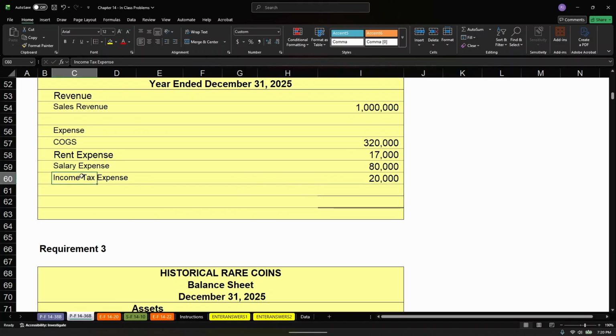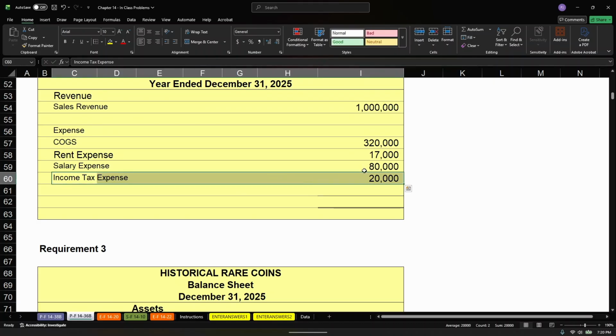So you can see there's no adjustment for this. This $20,000 expense, which is baked into net income, requires no adjustment for cash flow because it's a fully cash expense. Our income tax payable was 0 at the beginning of the year. At the end of the year, income tax payable is still 0. That's why there's going to be no adjustment for that.